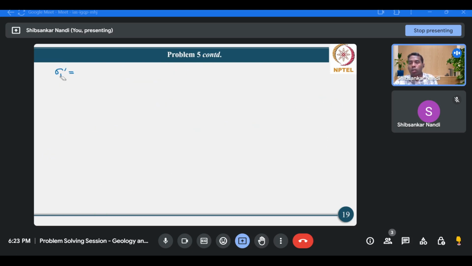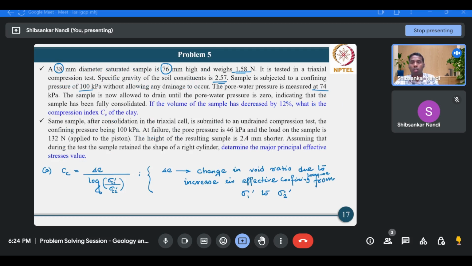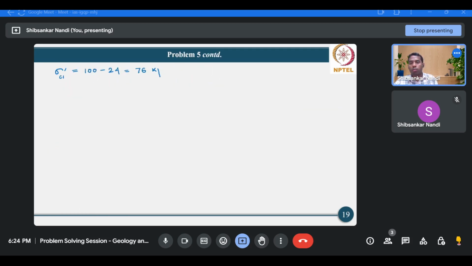Corresponding to sigma C1 prime, it was 100 minus 74, that is 26 kPa.